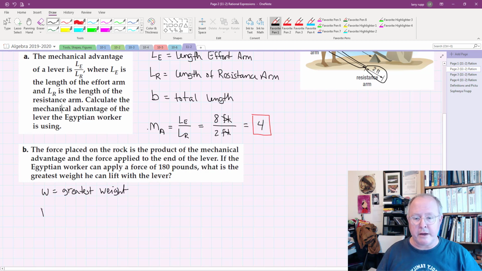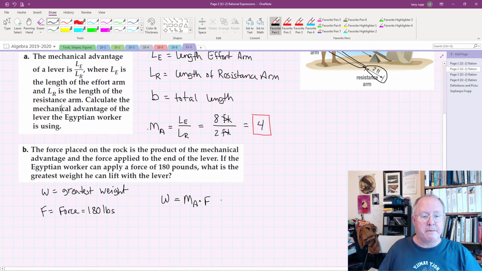F is going to be the amount of force that's being applied, which in this case is 180 pounds. So what it's saying here is that the greatest weight is going to be equal to the mechanical advantage times the force that's applied.